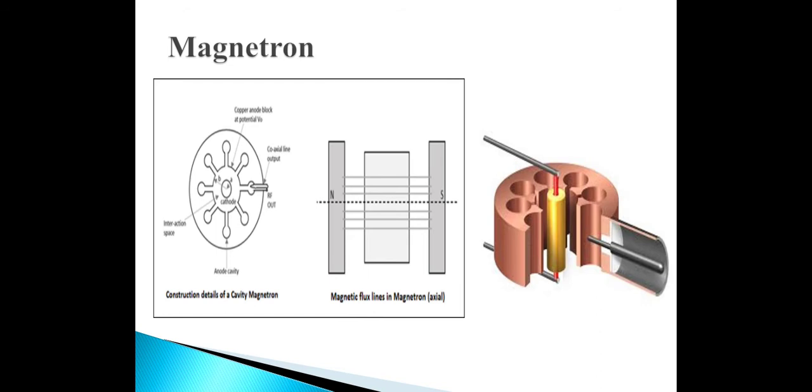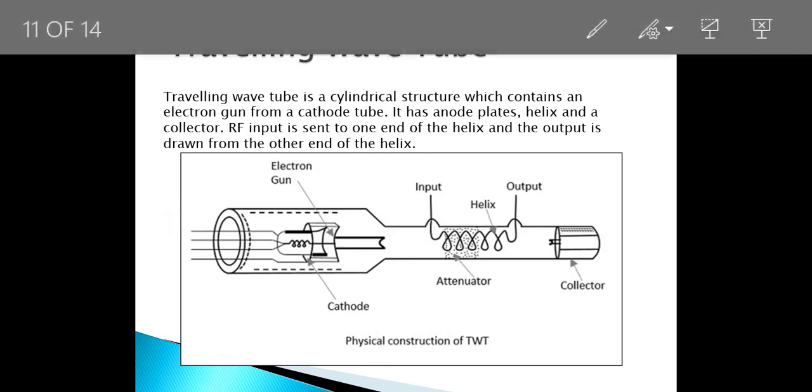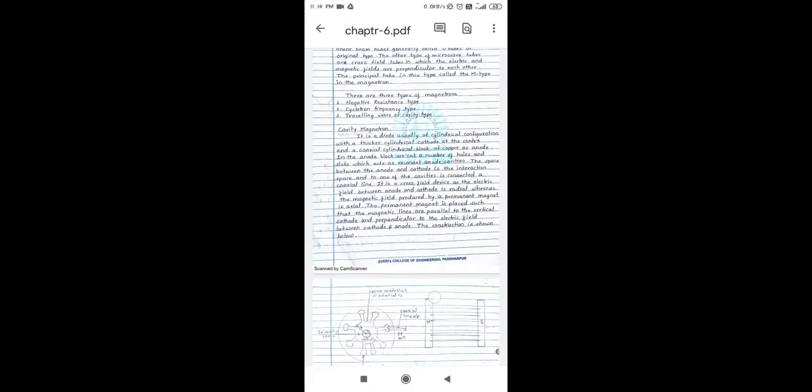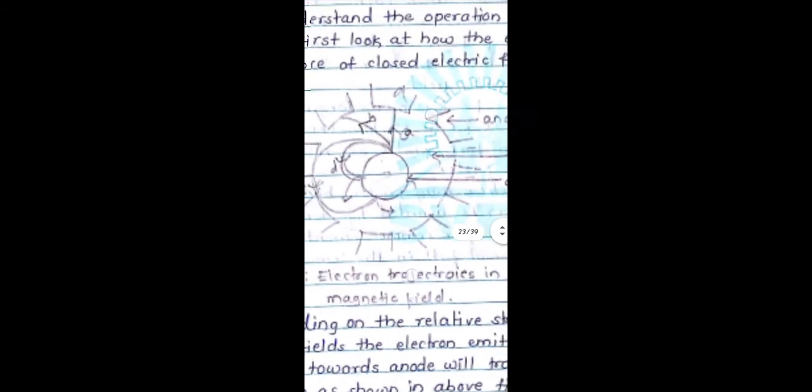Depending on the relative strength of electric and magnetic fields, the electron emitted from the cathode and moving towards the anode will traverse through the interaction space as shown in the diagram, which you can see here.